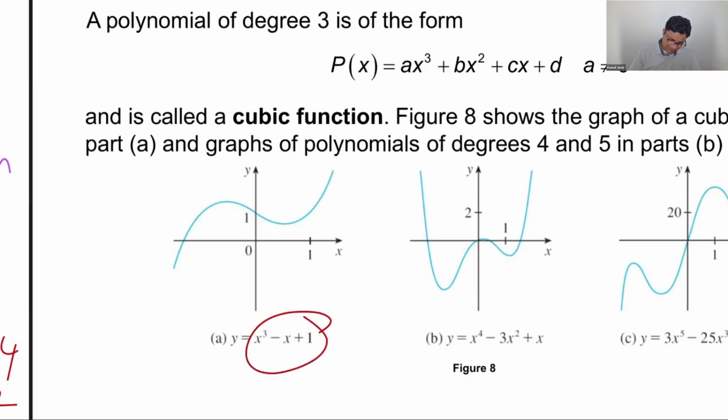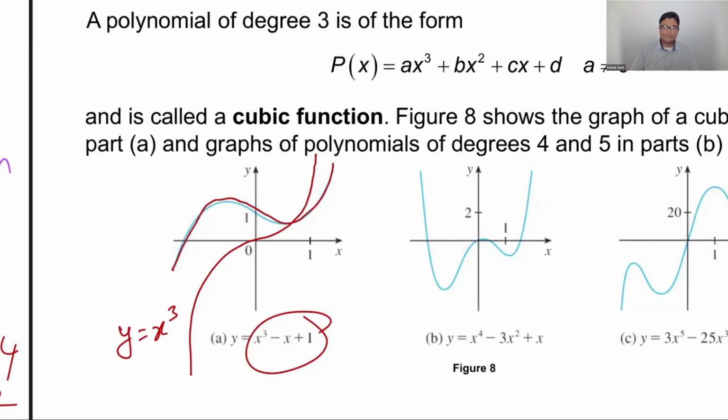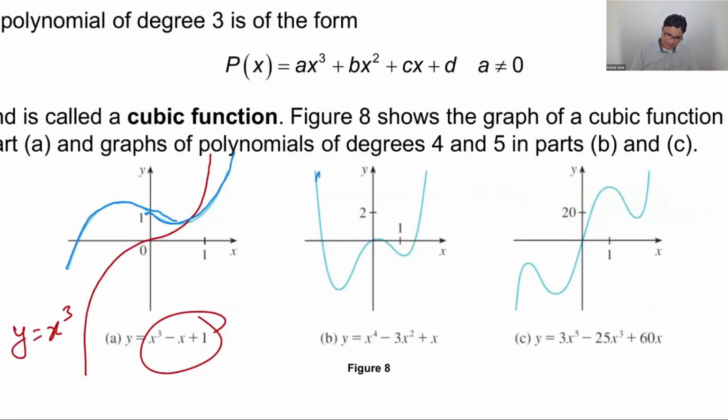This is obtained by taking the basic cubic polynomial, which is y equals x cubed, and that's the graph. And now squeeze it, stretch it, move it, and you get this graph. And that will be a general shape of a cubic polynomial. Similarly, a general shape of a degree 4 polynomial and degree 5 polynomial.